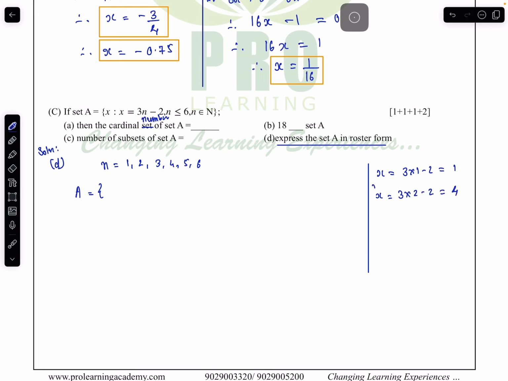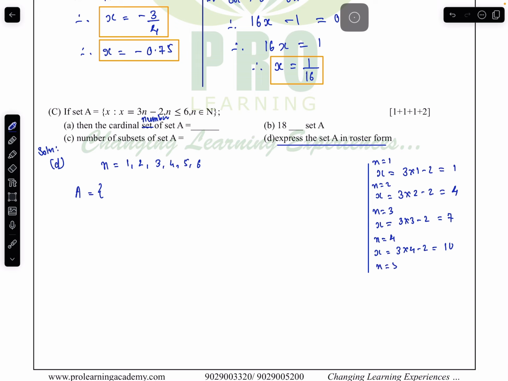This is when n is 2. n was 1, n is 3. So Rx is going to be 3 times 3 minus 2, which makes 7. When n is 4, Rx would be 3 times 4 minus 2. That would make 10.